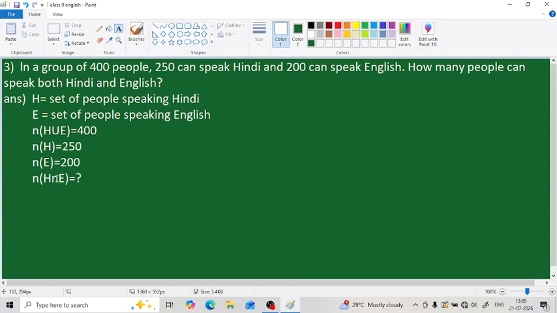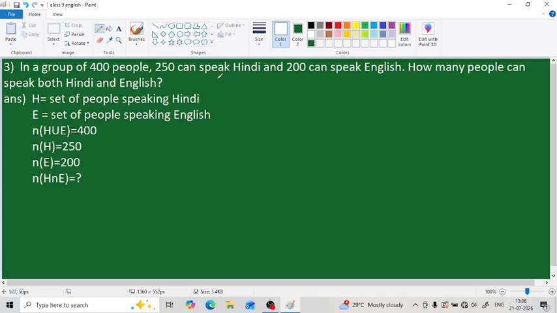We solved in the same manner. This is the same type of question, but it is a real life problem. There were 400 students sitting in an auditorium, and one teacher came to the stage and asked how many people can speak Hindi fluently.